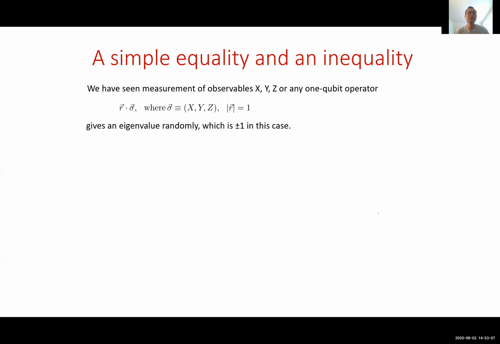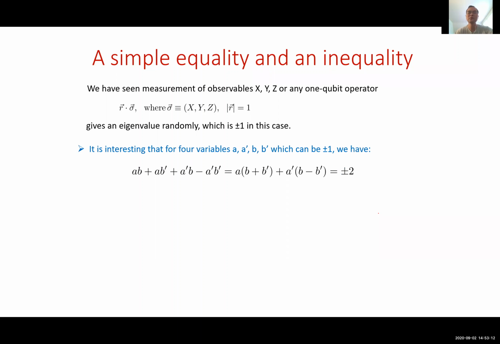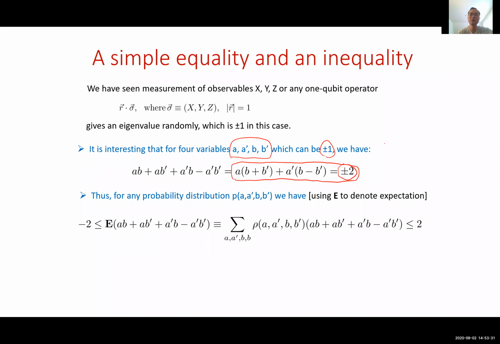And last time we talked about a simple inequality that if you have 4 random variables, which can only be plus or minus 1, then this inequality holds. This combination of the 4 variables gives you only +2 or -2, right? And if you have many of these, and then you do an average, you still fall within this range, right? -2 and 2.